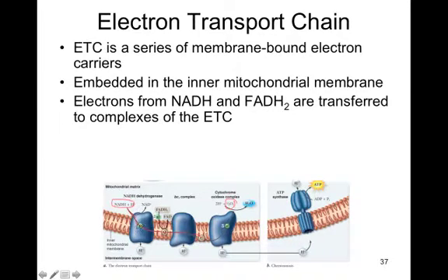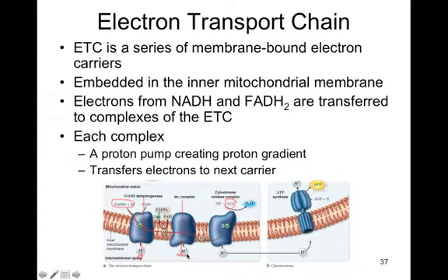Essentially, as they bounce down through this stairway of embedded proteins, the electrons lose energy. As they lose energy, hydrogen ions are pumped through these electron acceptors into the intermembrane space. As the electrons pass each embedded protein, they pump more hydrogen ions into the intermembrane space.